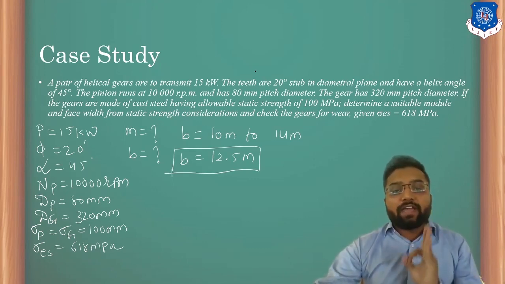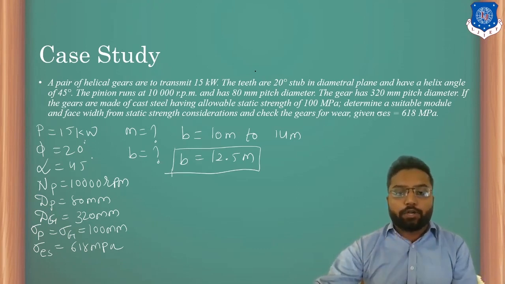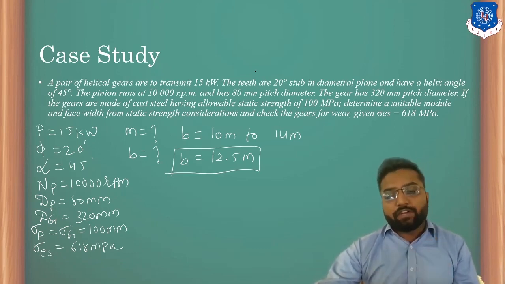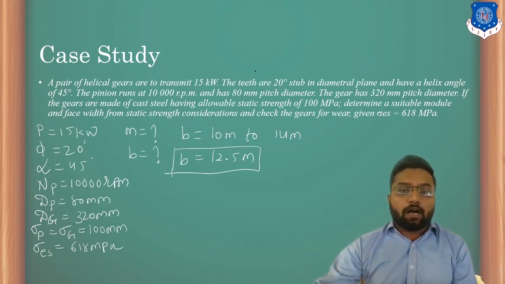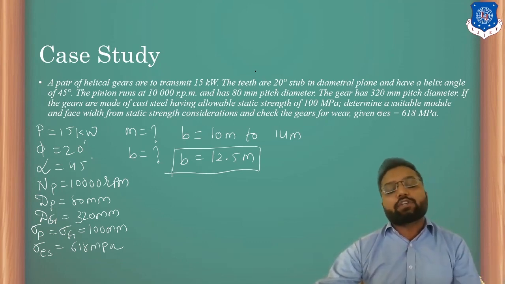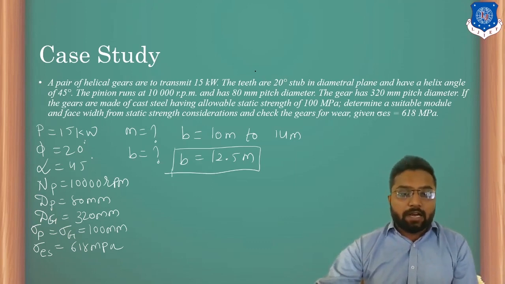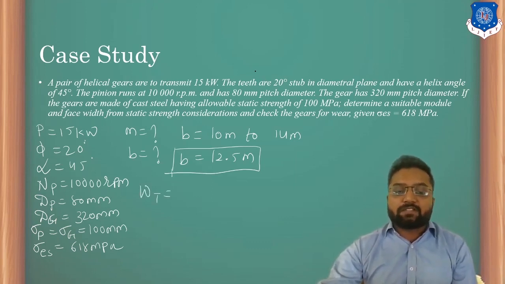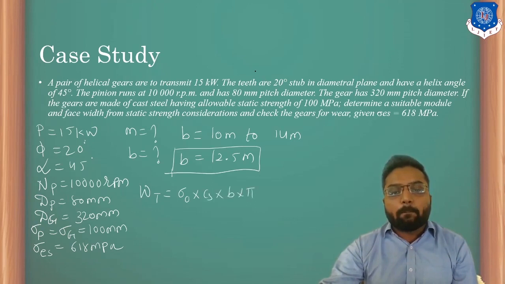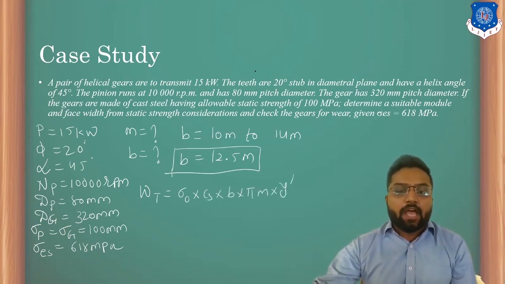Now, all we have to find is this module, but we don't have our WT, which is called the tangential load. Clear? Because WT will give us this face width and module. What is WT? Sigma o into CS into B into pi m into y dash.